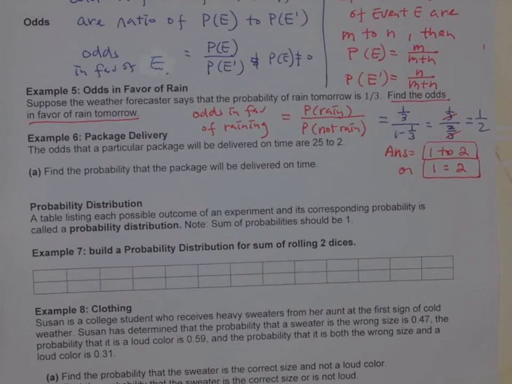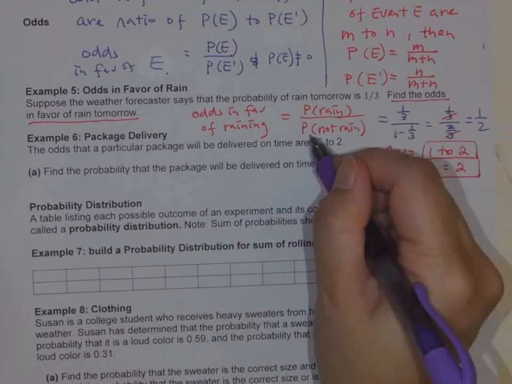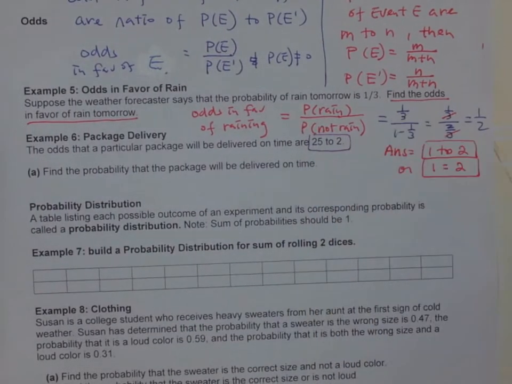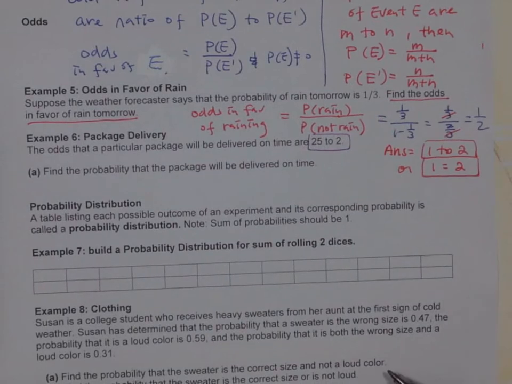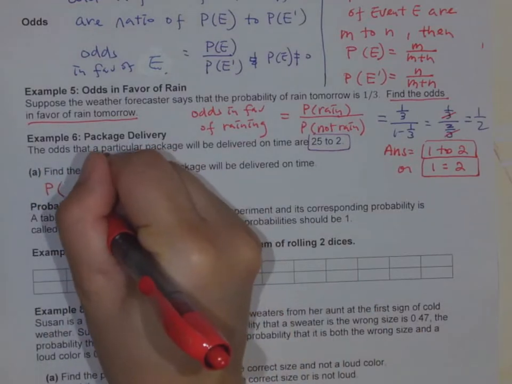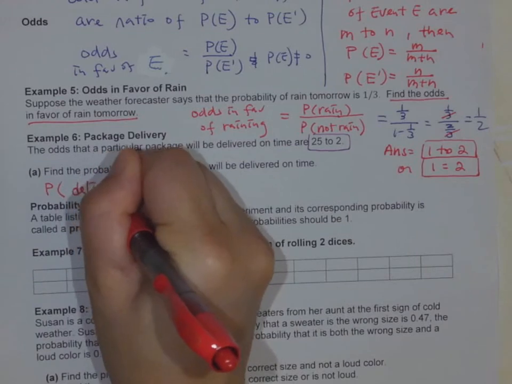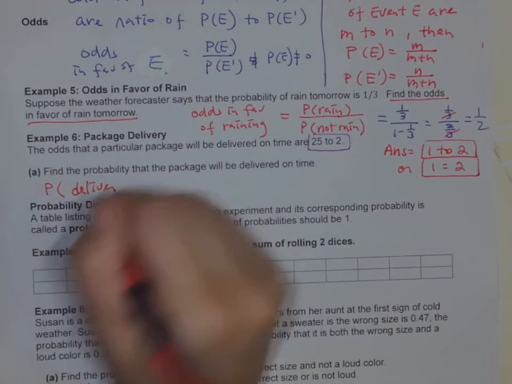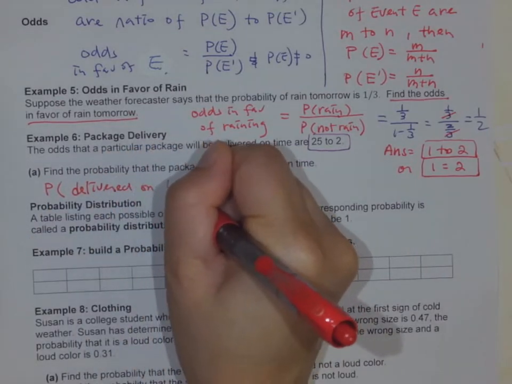Number 6, package delivery. The odds that a particular package will be delivered on time are 25 to 2. So they are given to you like that. Find the probability that the package will be delivered on time. So we're trying to find the probability of delivery on time, right?